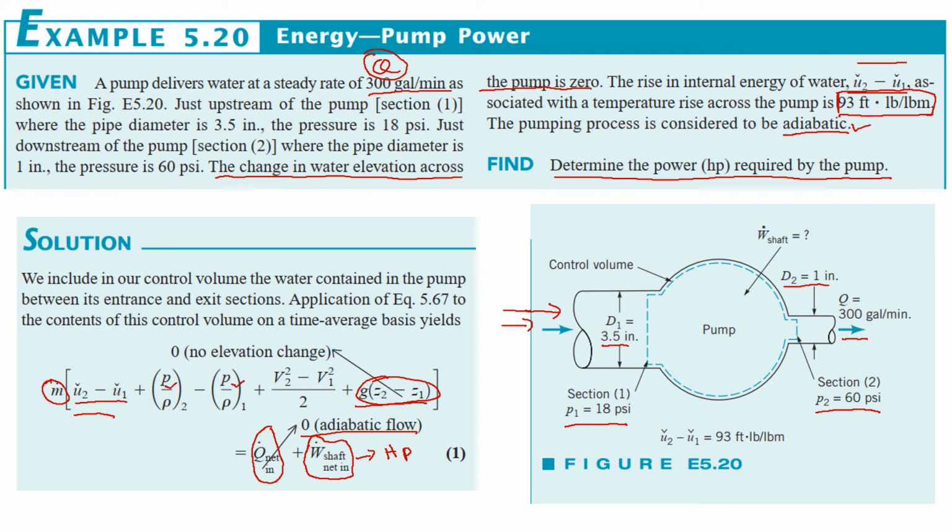We don't know the two velocities, V2 and V1. We can find those with the help of our conservation principle: if we consider that m dot 1 is equal to m dot 2 is equal to m dot, we will be able to find these two velocities, and this term is also equated to 0. So we will find these unknowns, convert them into their proper units, and then put them in this equation to solve it for horsepower. So let's do this.